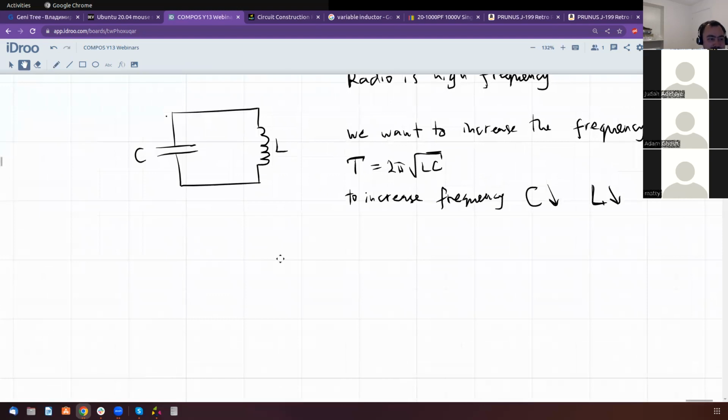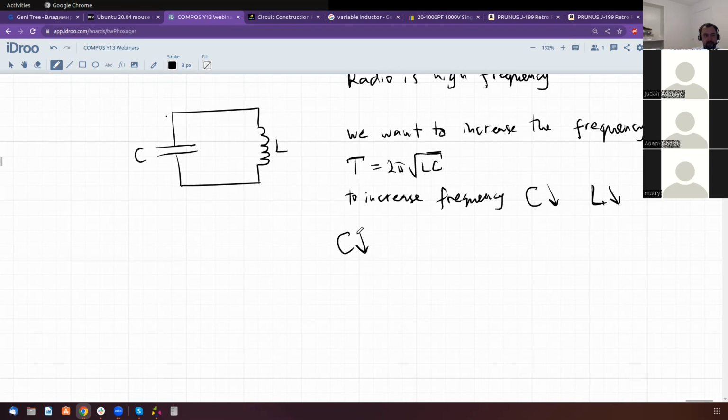So how do we increase the capacitance of a capacitor? How do we decrease? Sorry. Physically, we move them further apart.